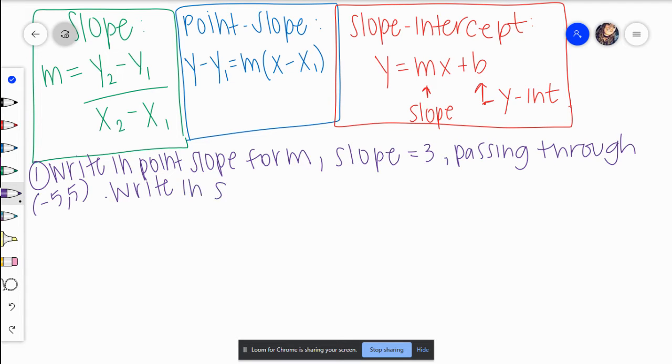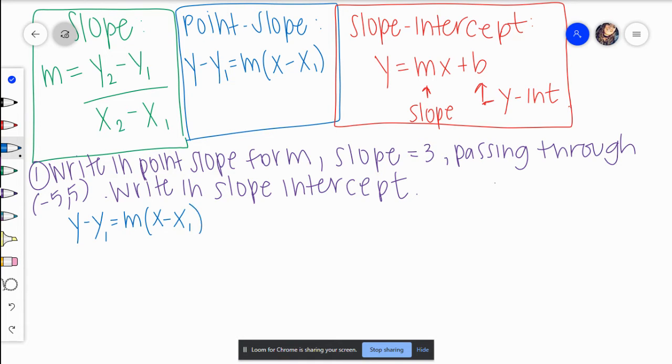And after this, when we get done writing it in point slope form, it wants us to write in slope intercept form. Okay, so if we do point slope form, we know that that is y minus y sub 1 equals m times x minus x sub 1.